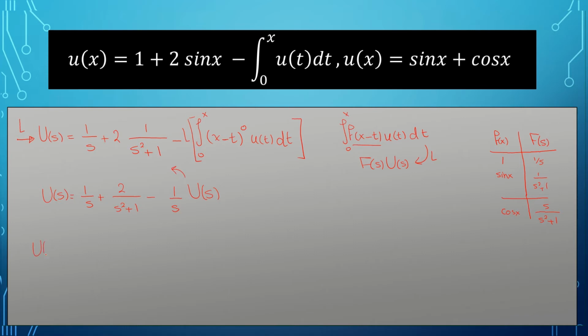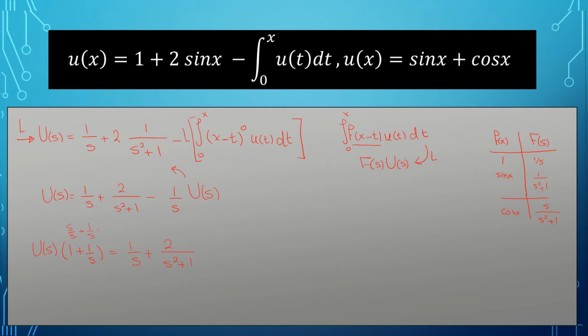That gives U(s) as a common factor: 1 plus 1 over s equals 1 over s plus 2 over s squared plus 1. Now 1 plus 1 over s means s plus 1 over s.